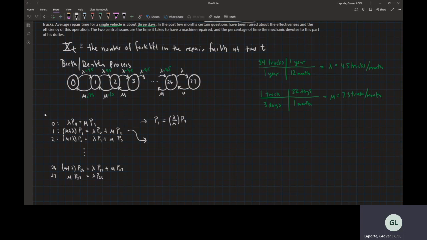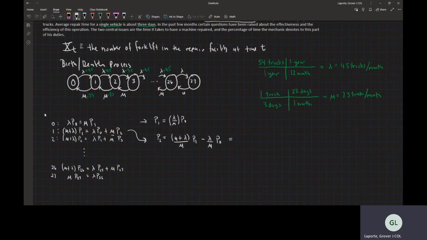So let's solve for P2. I have P2 on one side, and then I got mu plus lambda, divided by mu, because we had to take care of that mu, times P1, and then I'm going to subtract lambda divided by mu times P0. Let me just look at it real quick to make sure. Okay, it looks like it's right.